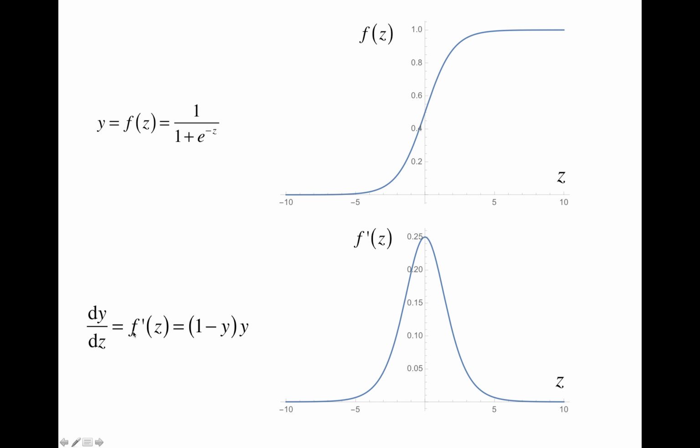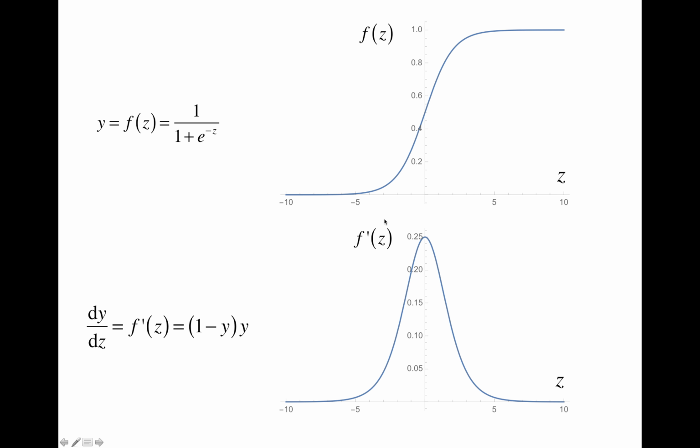The derivative of it with respect to z, f prime(z), can be expressed again using the output y. Don't forget y is a function of z here. So if you bring the expression of y in terms of z back into this expression, you obtain an expression for f prime(z).